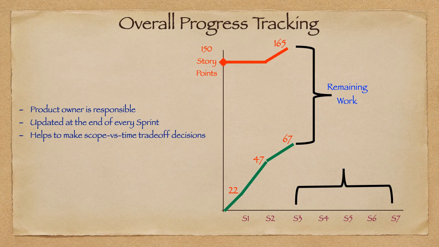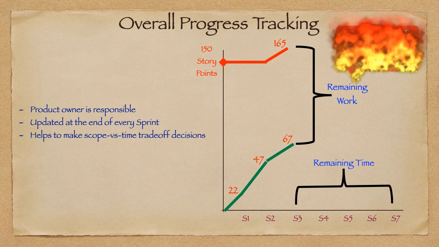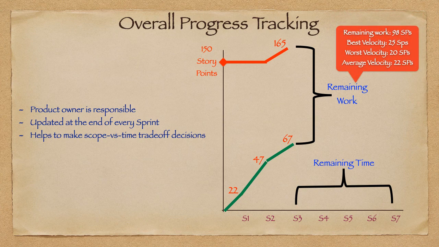So far we completed 3 sprints. So out of 7 sprints, 3 completed. So remaining 4 sprints. Now to calculate how many more sprints are required for the remaining scope, total remaining work is 98 story points, which is 165 minus 67.